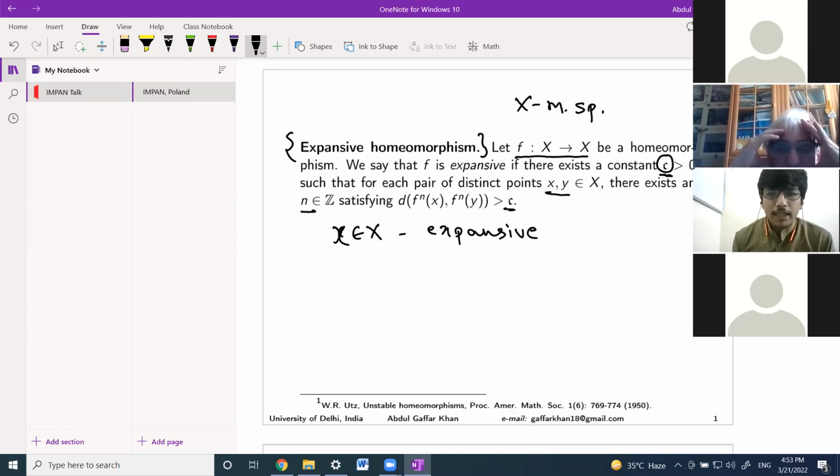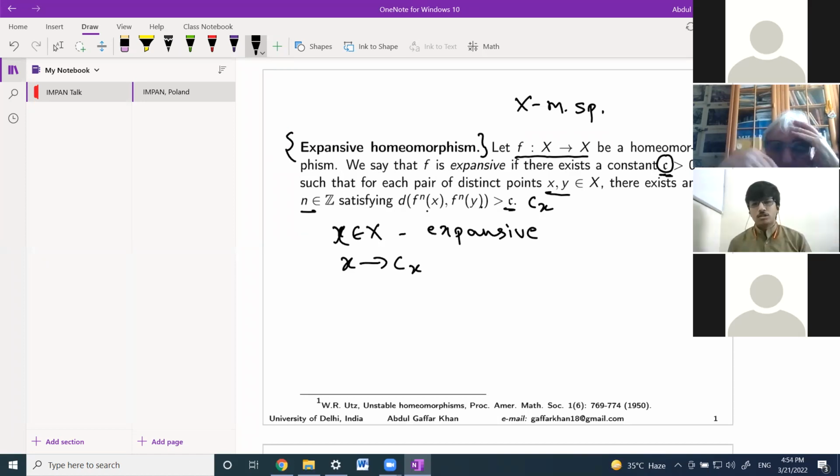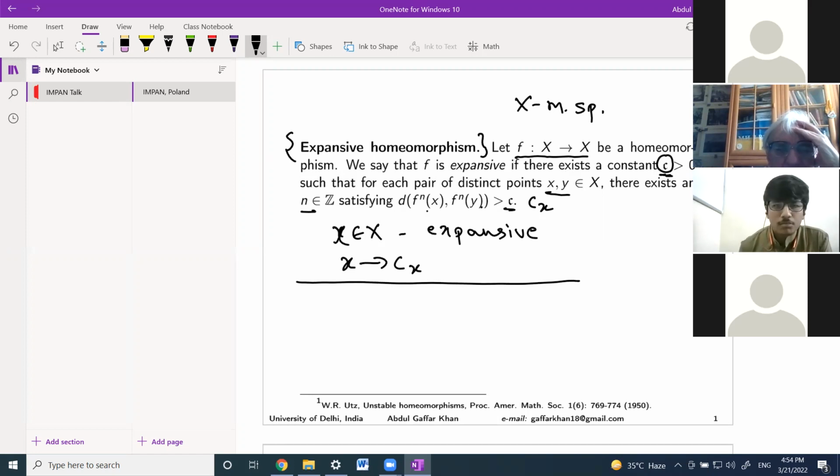So if you choose x, then you will find a distinct constant C_x so that for every point y distinct from x, the orbits of x and y will be C_x distance apart. This is one of the key motivations that was raised as a question to Reddy by Gottschalk. Before that, let me just give you some basic examples of expansive homeomorphisms.